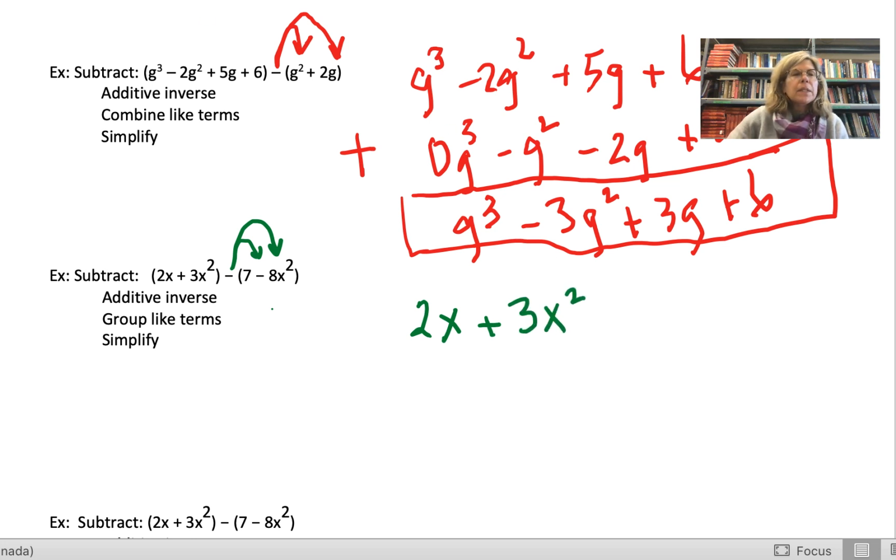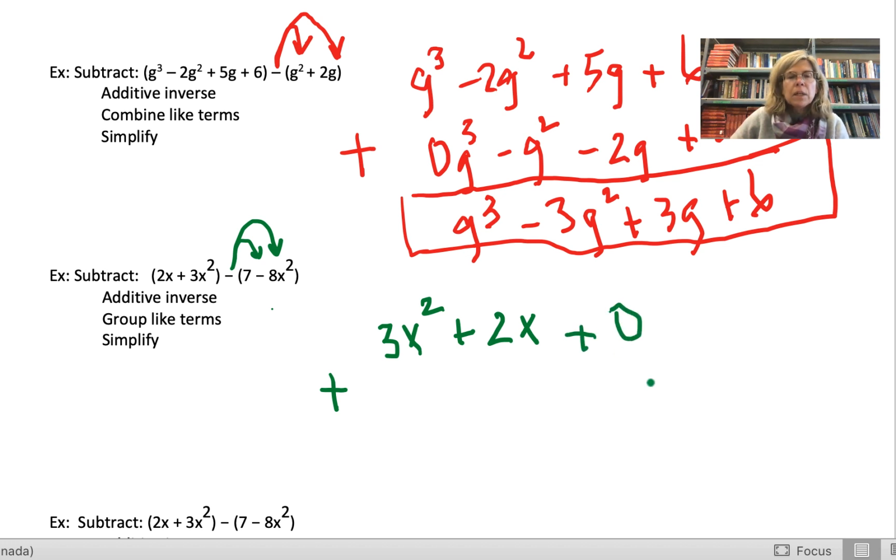I think I'm going to erase this and put it in standard form, and that means it has the highest exponent first. So that would be 3x squared plus 2x. And then I can have a plus here because I've distributed my minus sign, so it would be plus a negative 7. Oh, but let's see, where's that? So let's add in a 0 constant, and then we'll put our negative 7 here in this column.